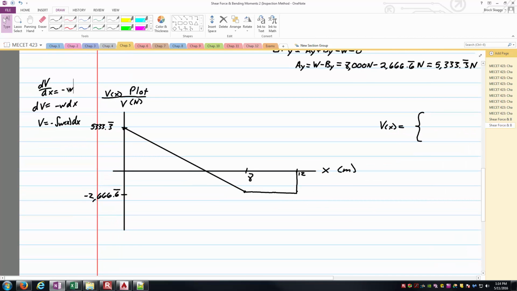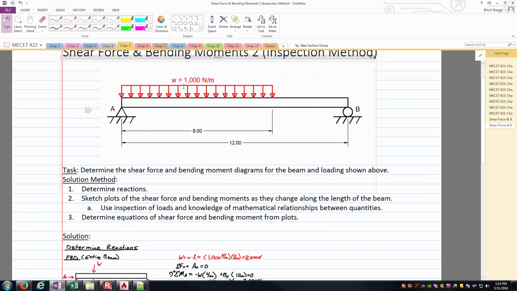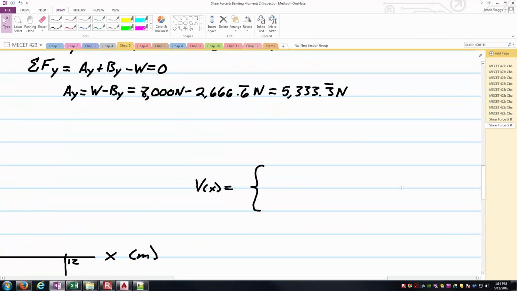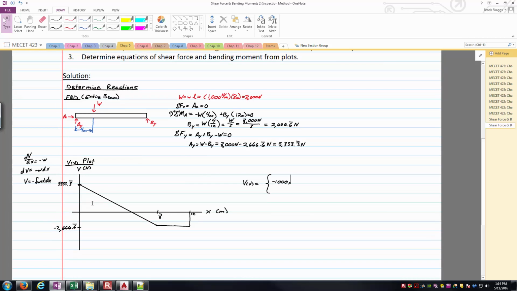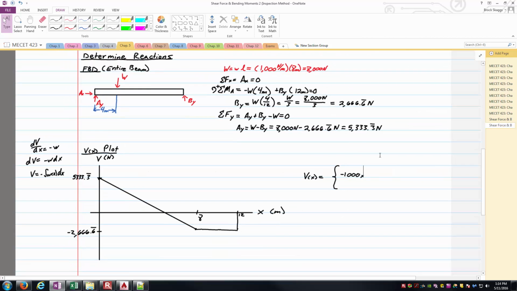This distributed load magnitude is a constant value, 1,000, so the slope of this line is equal to negative 1,000. Negative 1,000 is the slope, so it's times x. And then what's the y-intercept? We can read that right from the graph that we've already made: 5,333 and a third.